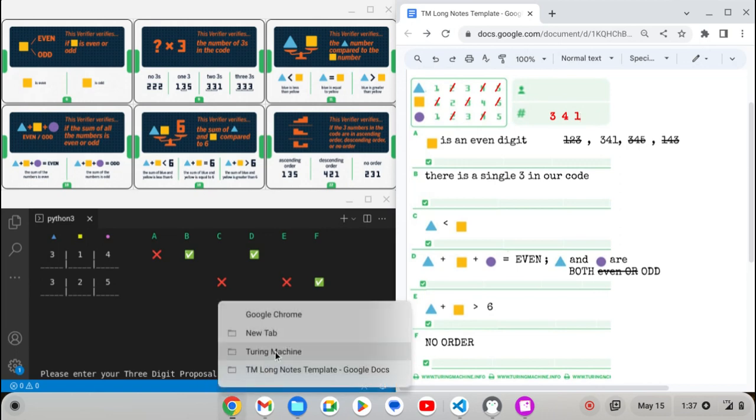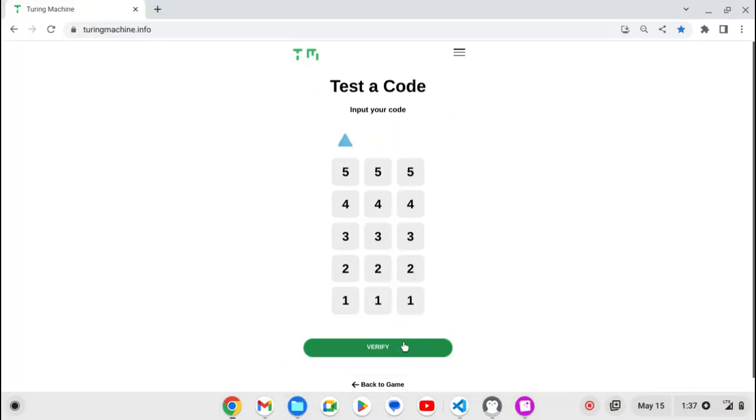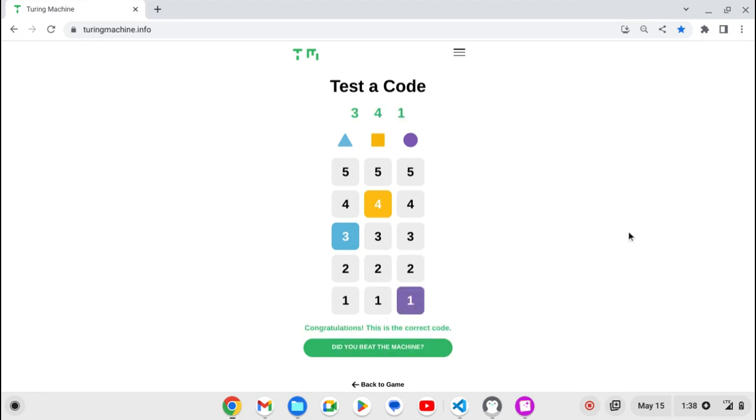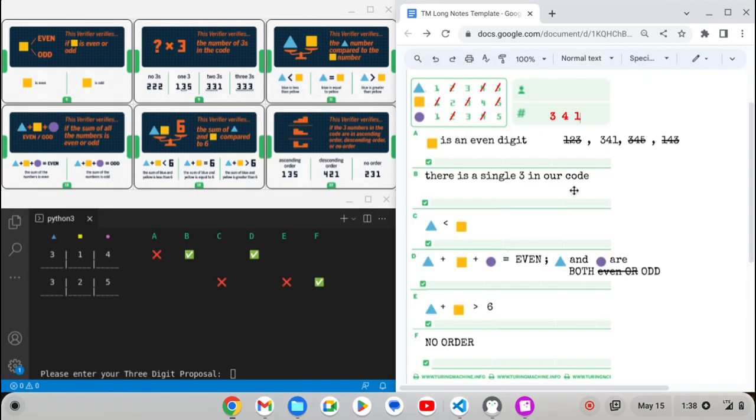Let's actually go to turingmachine.info and verify that our code 341 is correct. 341. Excellent. Congratulations. So again, the true test, in my opinion, is did we beat the machine? So I believe we did it in 6 tests in 2 rounds.